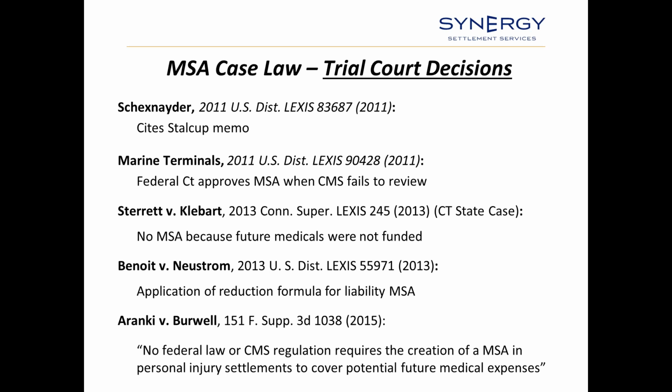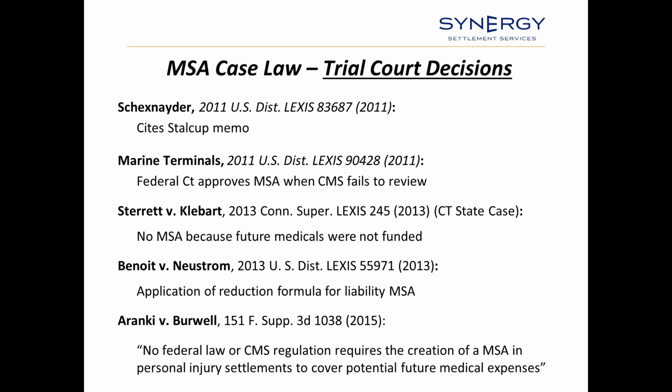And the Benoit case tackled that issue and applied a reduction formula to reduce the MSA. They didn't use exactly what we advise our clients to do in those scenarios, but they came to the same end result. So our advice is to use an equitable distribution or an Alborn type of reduction, where you look at the full value of the case compared to what the settlement amount was.